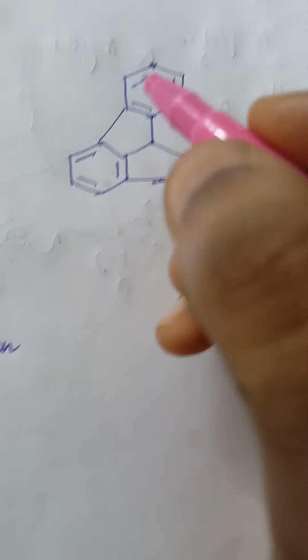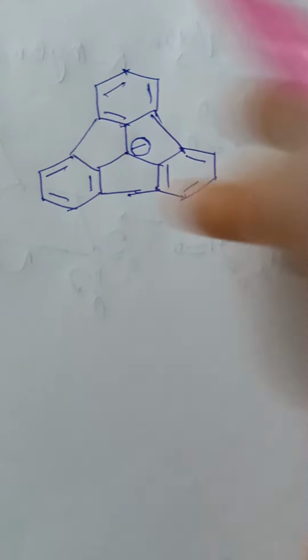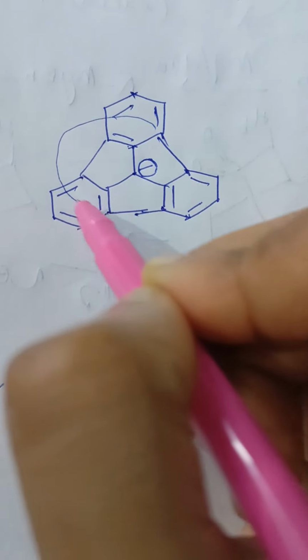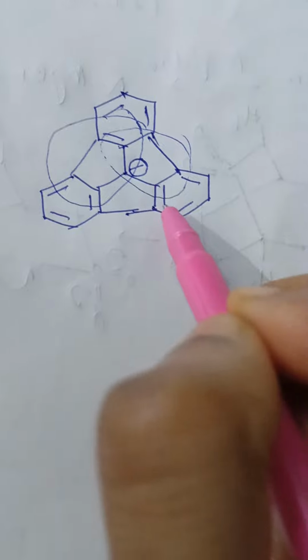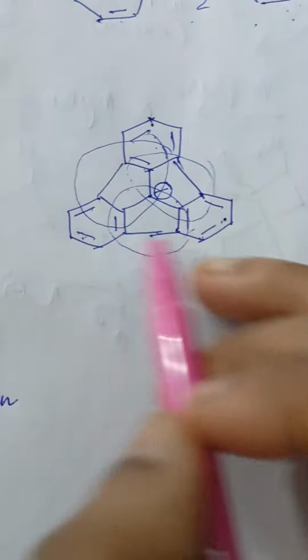Now see, here there was only these 2 joined, but here all 3 are joined. So if this carbanion is formed here, this is one aromatic ring, this is another aromatic ring, and this is another. So all together, not only are these phenyl rings aromatic or conjugated, there is another extended conjugation happening here, with 3 newly formed aromatic rings.